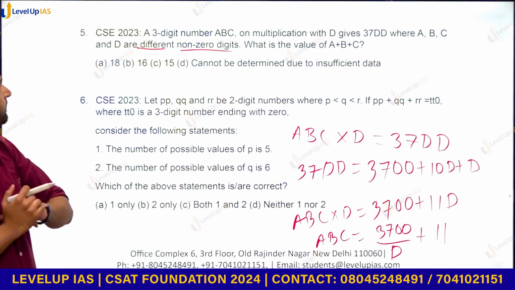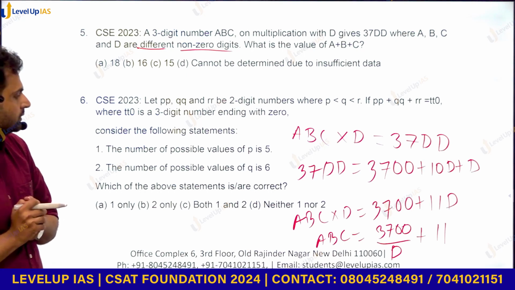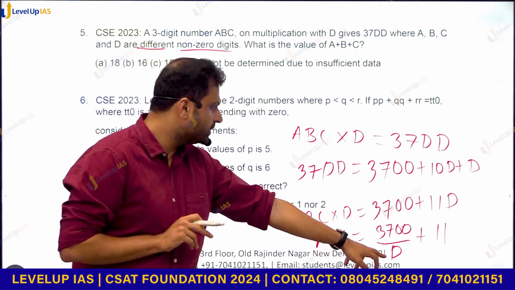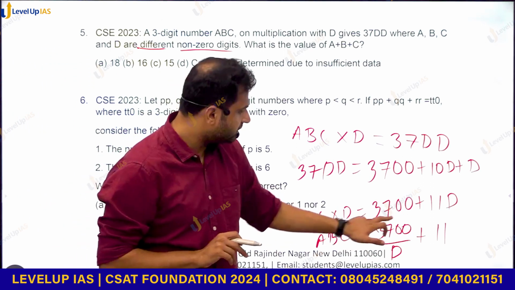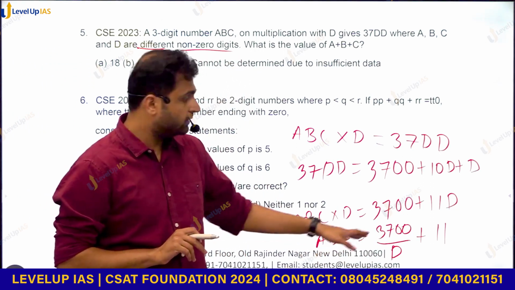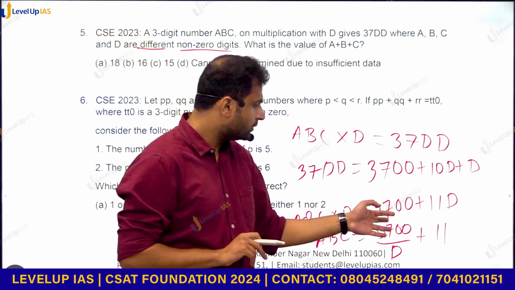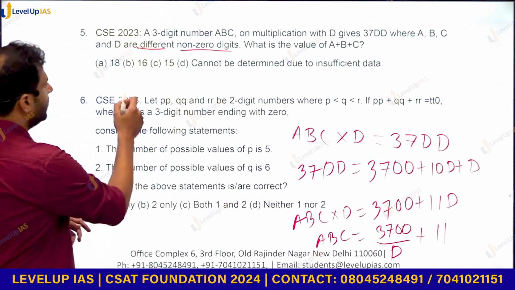Now this abc is a 3-digit number, and we have abc equal to 3700 divided by d, plus 11. So this has to be an integer, it cannot be a fraction. So d should divide 3700.